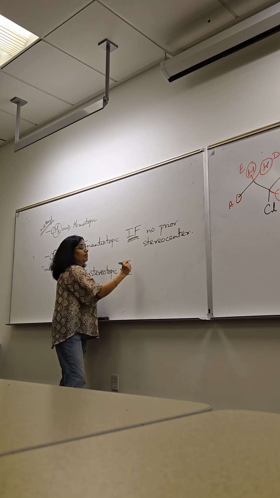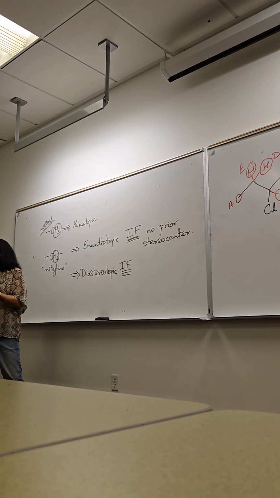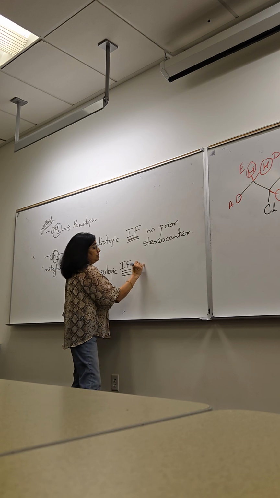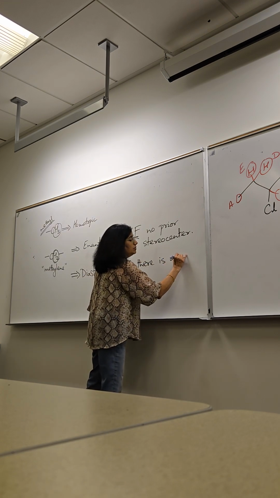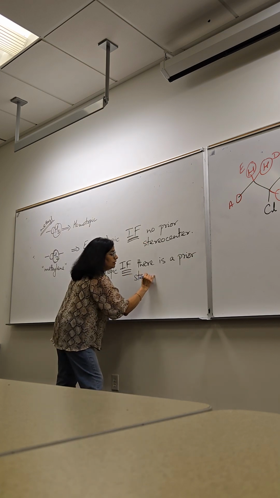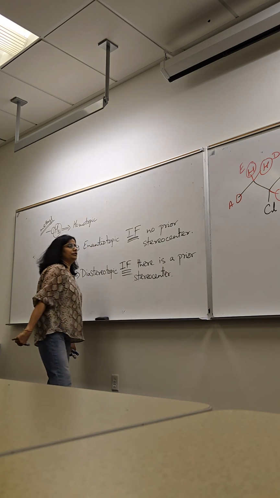Doesn't matter if it's a long way away, because you'll end up creating a diastereomer no matter what. If there is a prior stereocenter in the molecule, then the new one is going to create diastereomers.